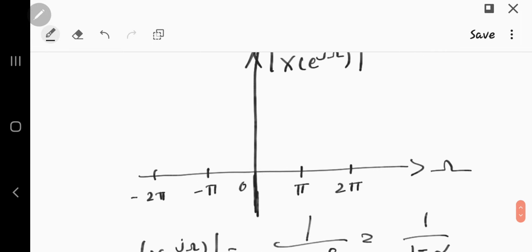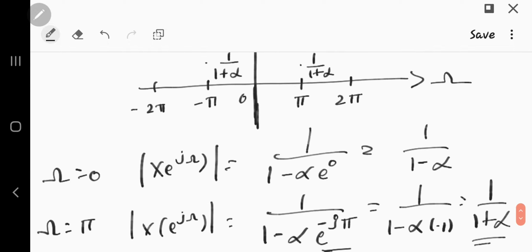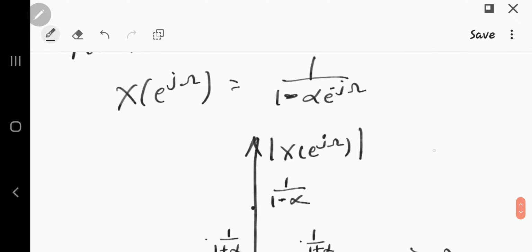So at these 2 points, the value is 1 divided by 1 plus alpha. At this point, it is 1 divided by 1 minus alpha. Now the amplitude is mainly based on alpha, which is varying between 0 and 1, so the values are greater than 0 and less than 1.